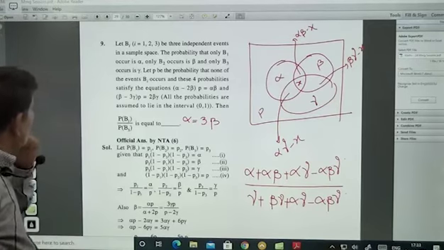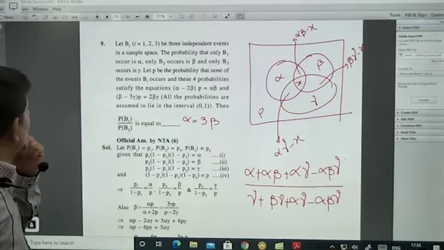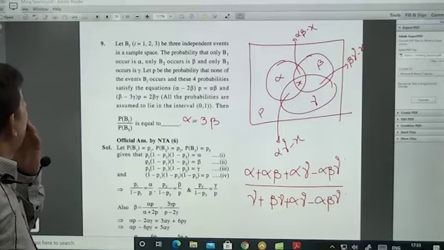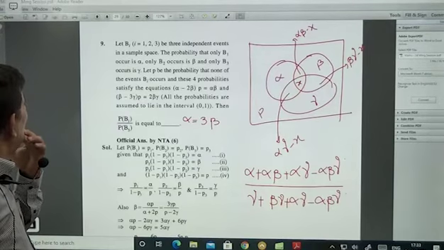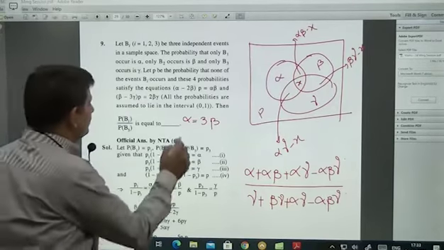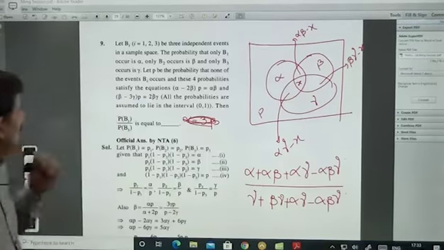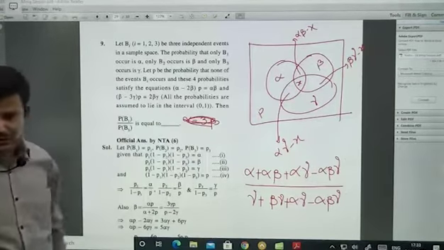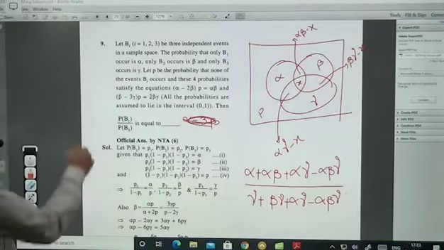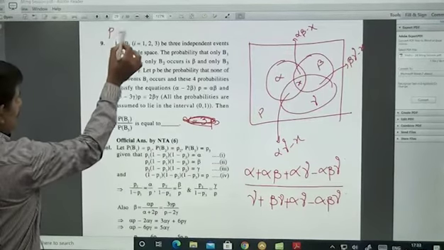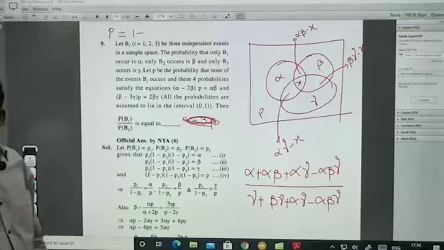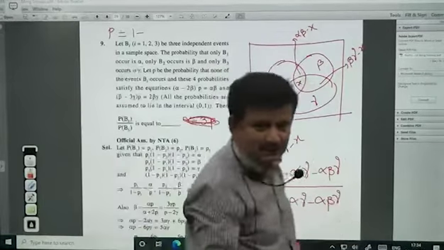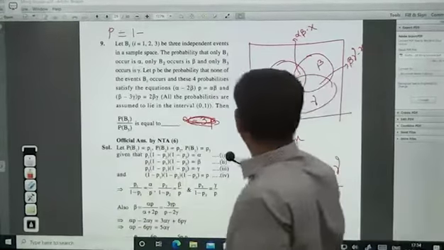Let P be the probability that none of the events occurs. We made a mistake here. No, they satisfy these equations. Okay, fine. So P is how much? 1 minus this entire setup. What is this entire setup?